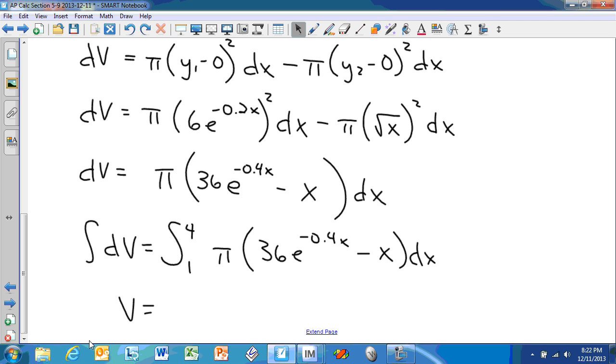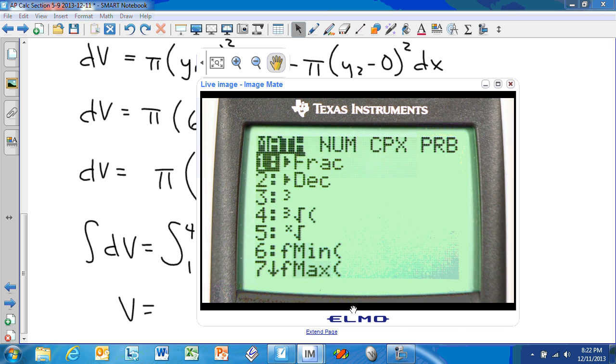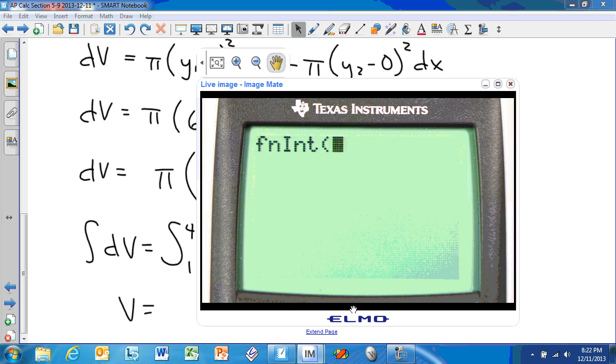So let's use our calculator and use your fnInt command here. And our function, again, was pi times 36 e raised to the negative 0.4x, and then minus x. Our variable there is x, and we're integrating this from 1 to 4, they said.